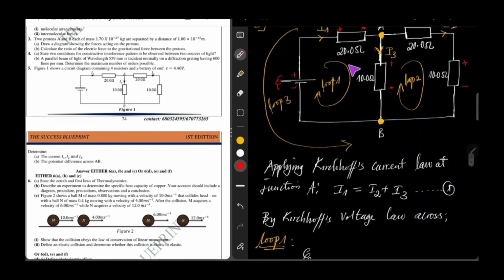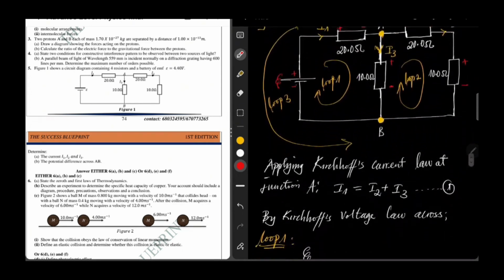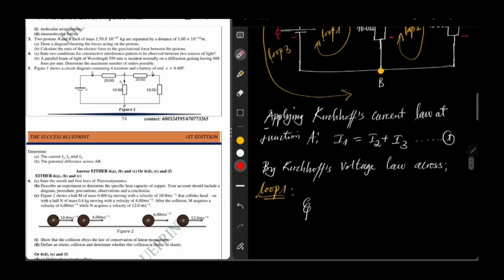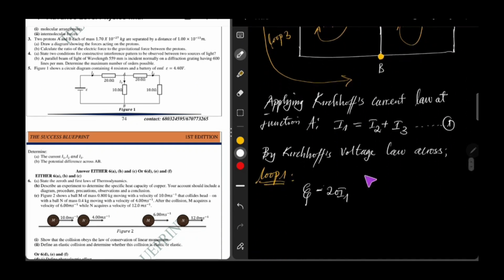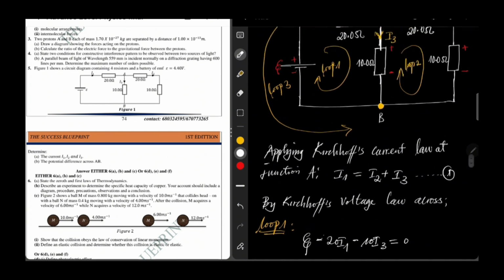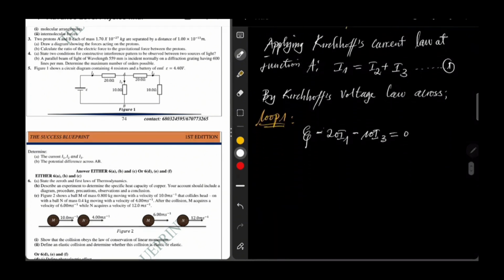So let's focus on loop 1. We are going to have negative 20 I1. When we descend AB in the direction of current, we'll have minus 10 I3, which will be equal to 0 when we finally arrive back at the cell.